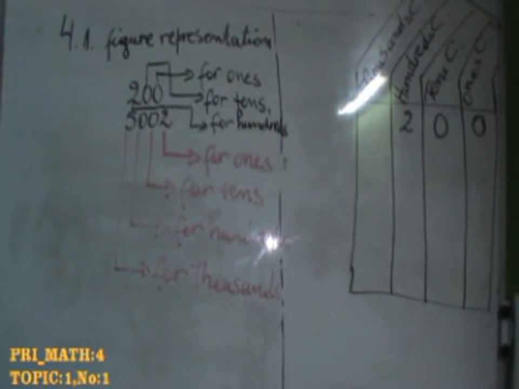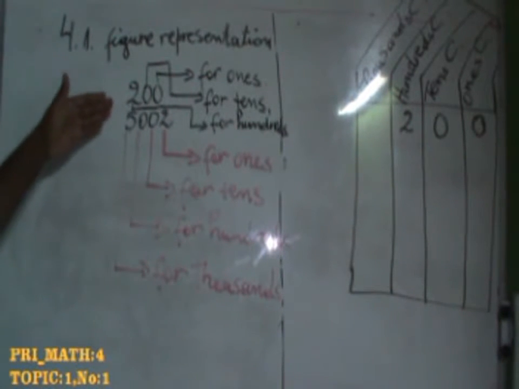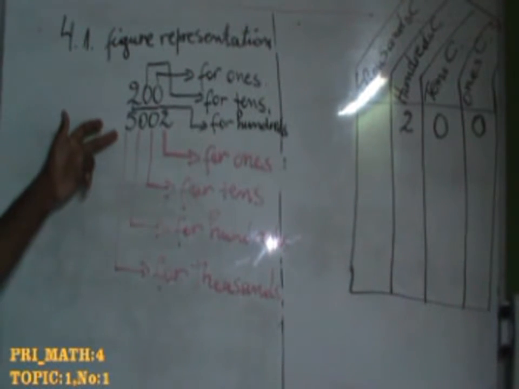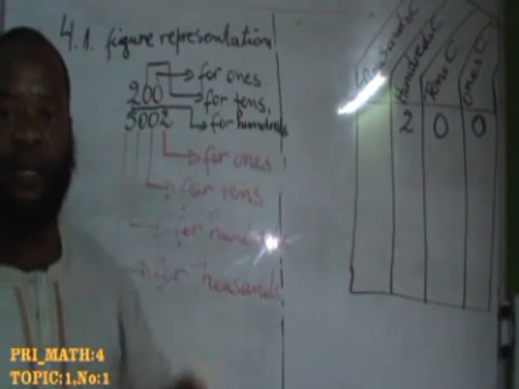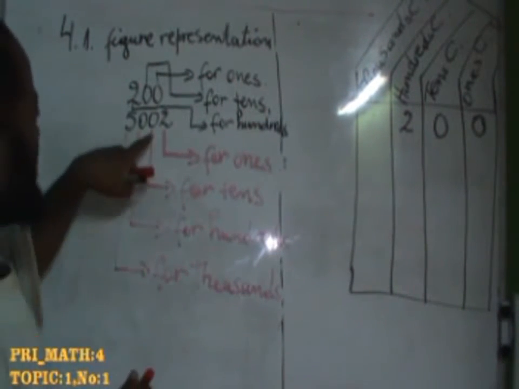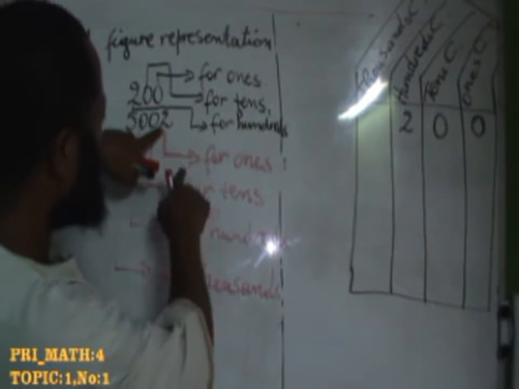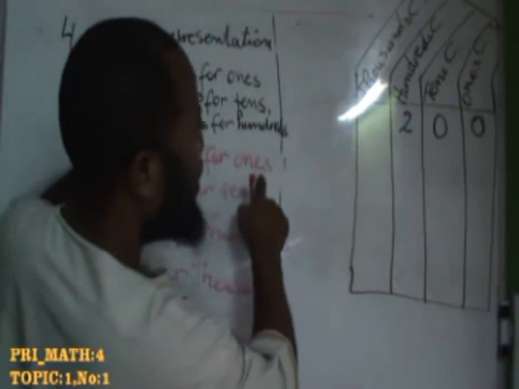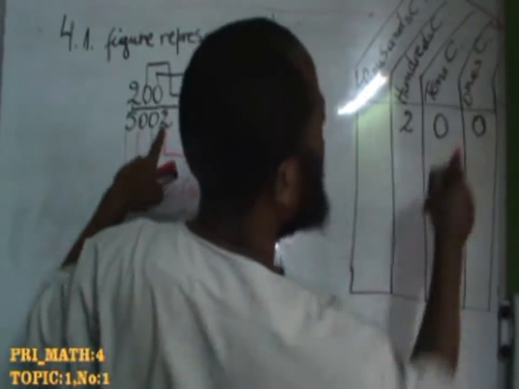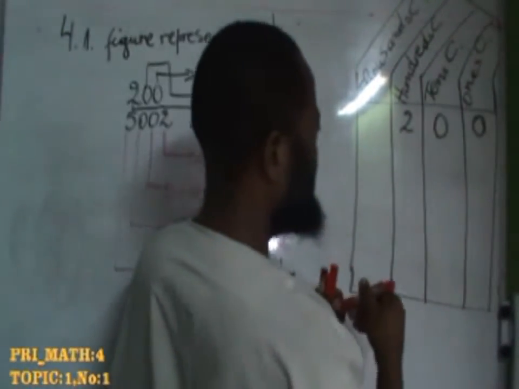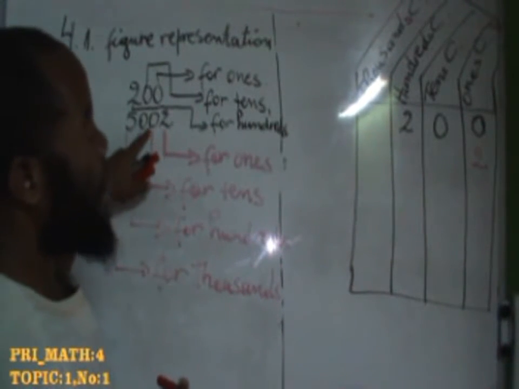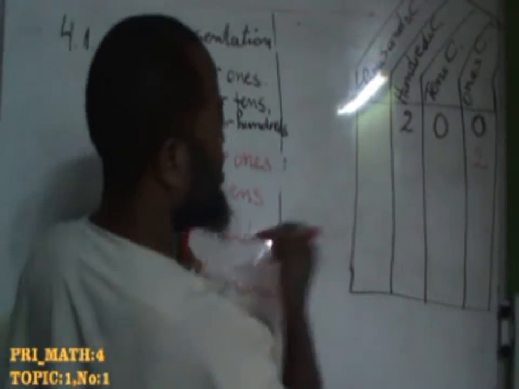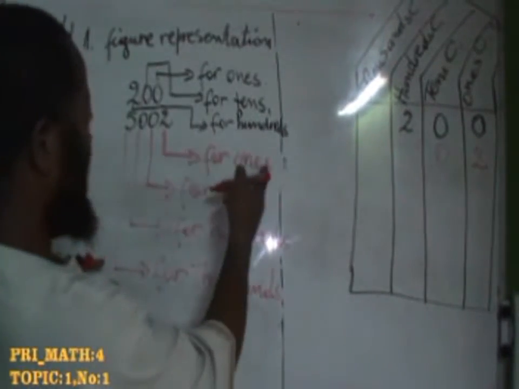So we can represent our second number, which is 5,002, in our tray representation, putting the 2 in ones column, and our first 0 in tens column, as written here.